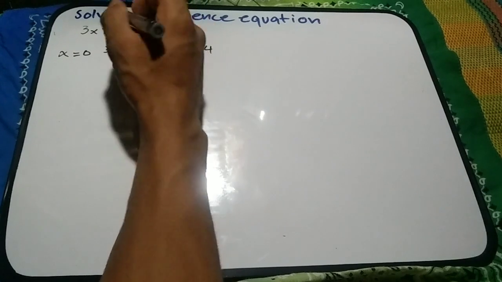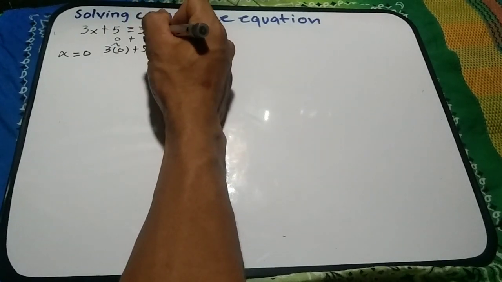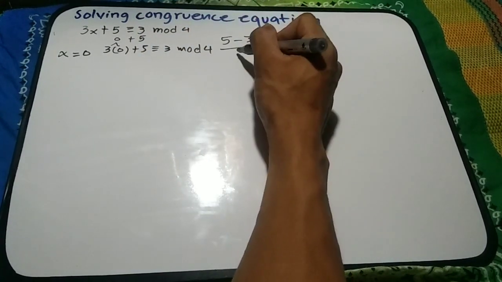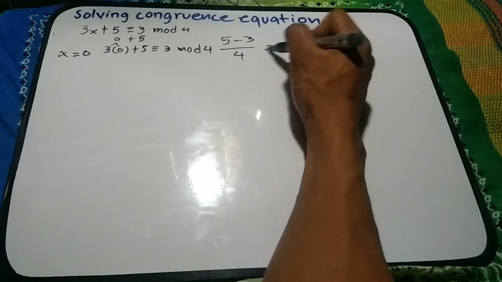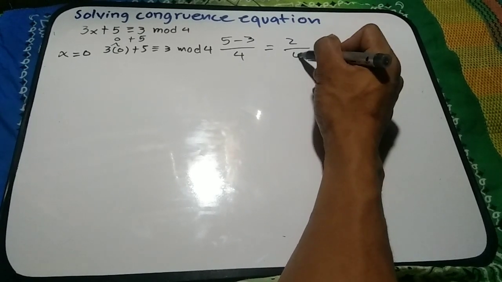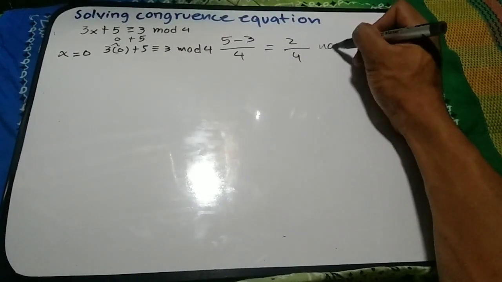3 times 0 is 0 plus 5 is 5. 5 minus 3 over 4 is equal to 2 over 4. Not divisible by 4, so not congruent.